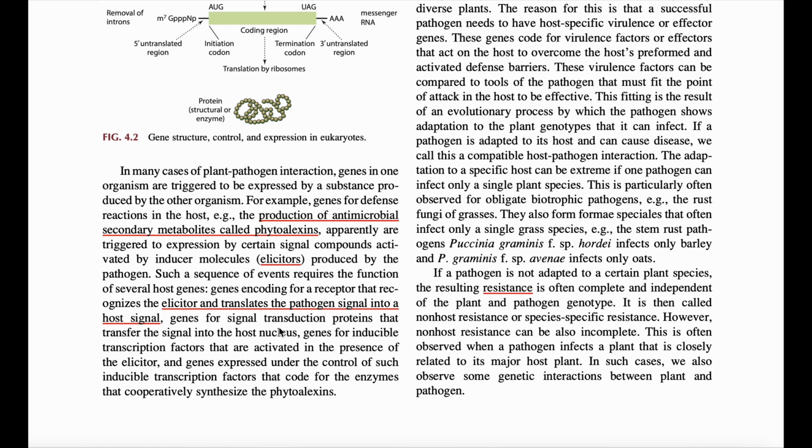Then the genes for signal transduction proteins that transfer the signal into the host nucleus. Genes for inducible transcription factors that are activated in the presence of the elicitor, and the genes expressed under the control of such inducible transcription factors that code for the enzymes that cooperatively synthesize the phytoalexin.